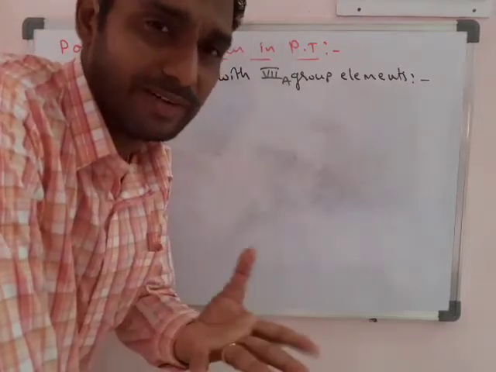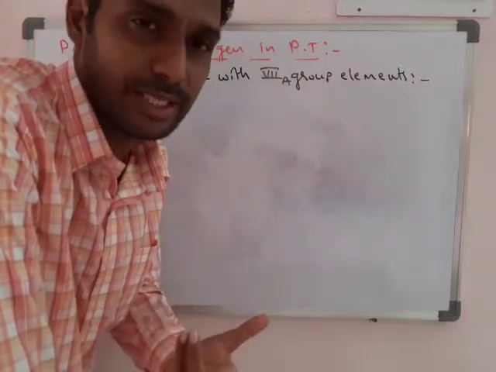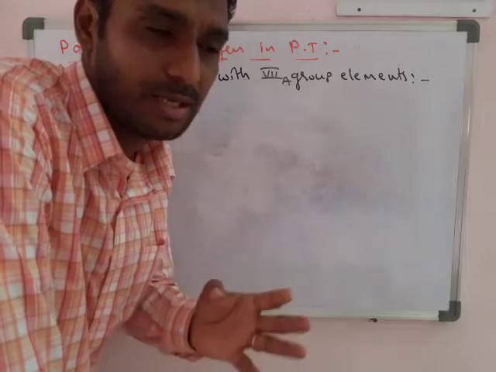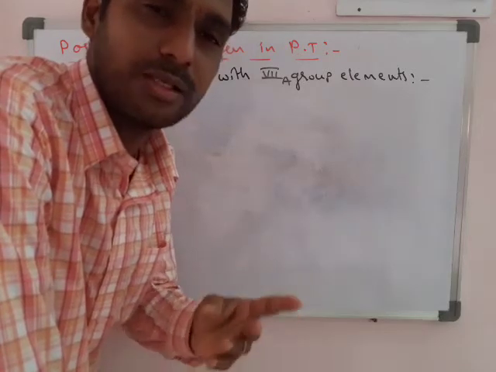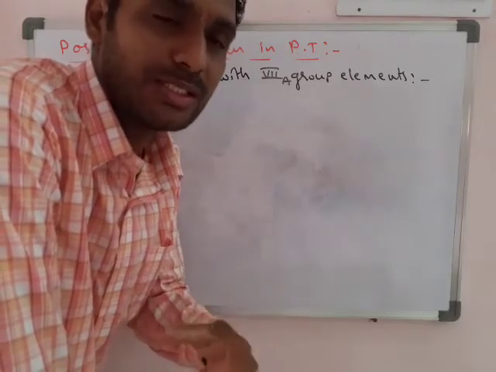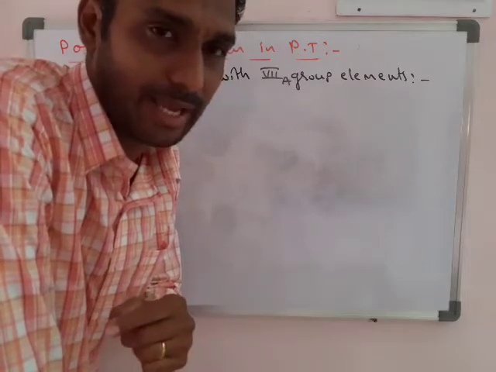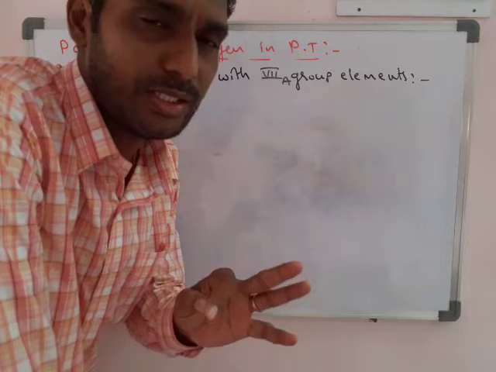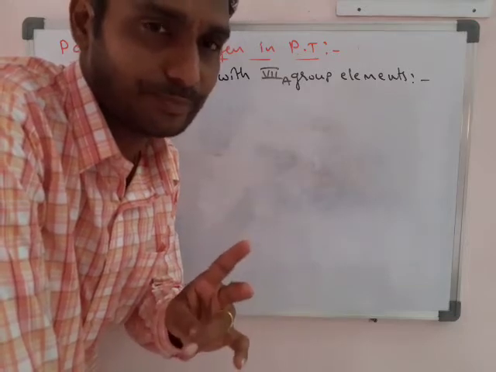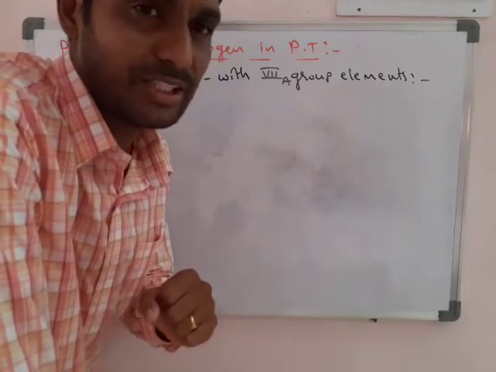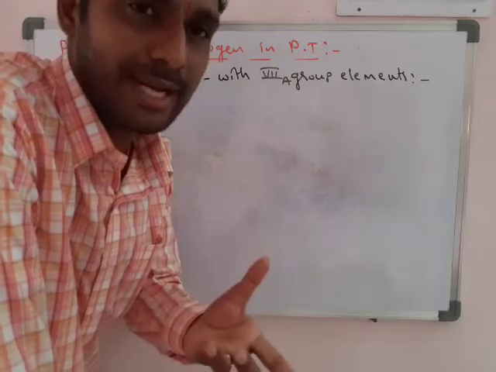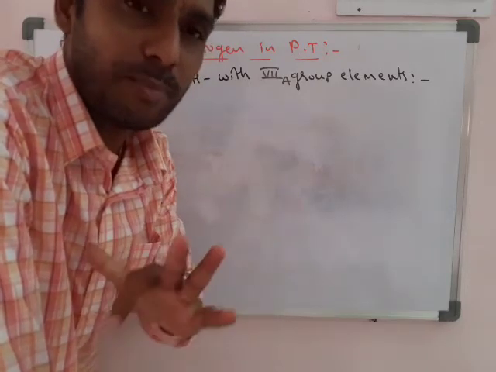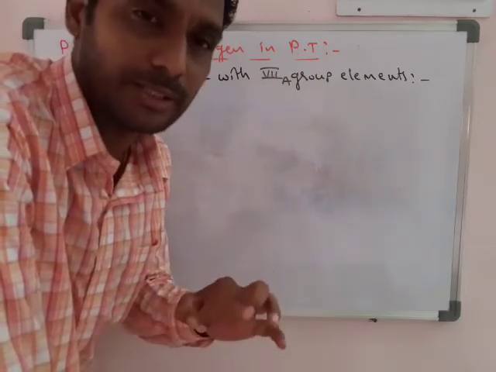The 7th A group is nothing but the 17th group. We know that. What are those elements? Fluorine, chlorine, bromine, iodine, astatine and tennessine. These are the 17th group elements. What are their characteristics? They are all non-metals. Hydrogen is also a non-metal.